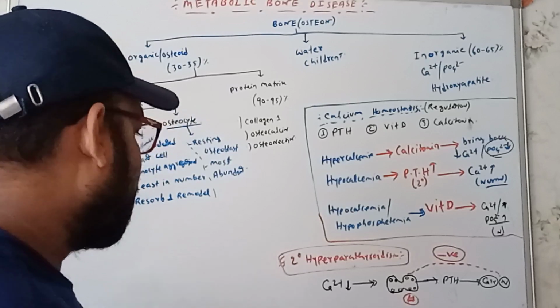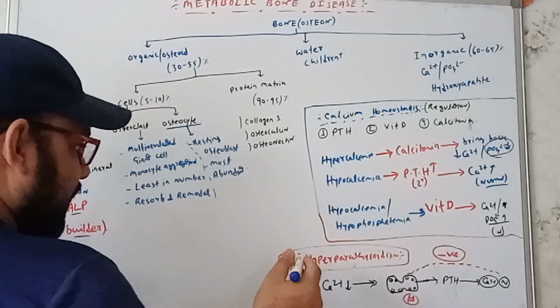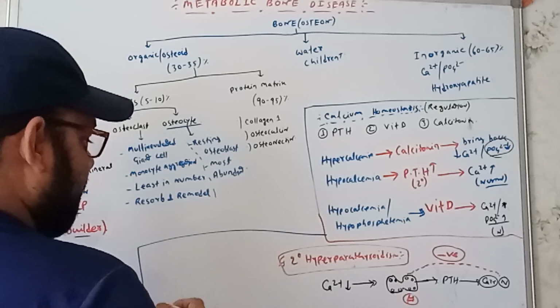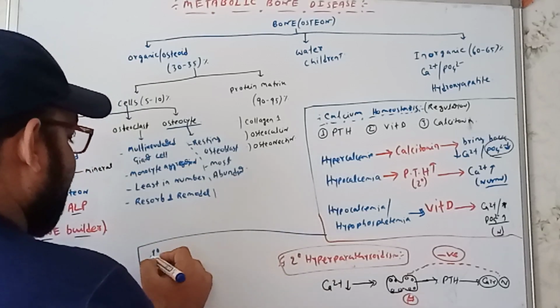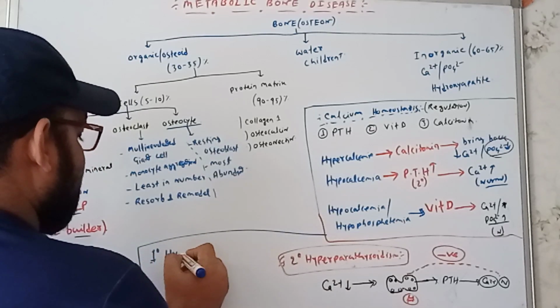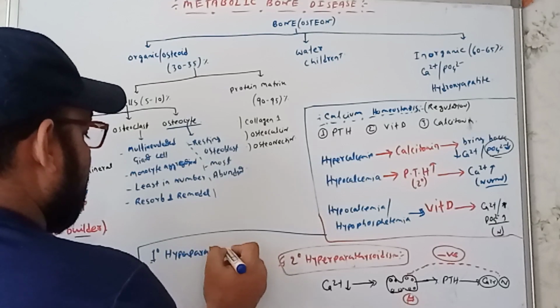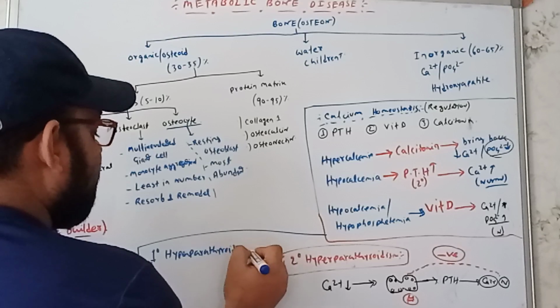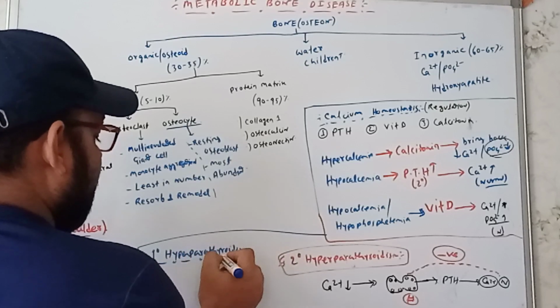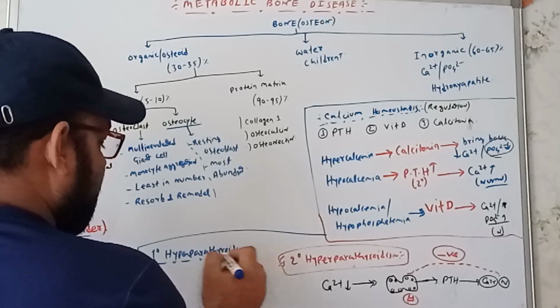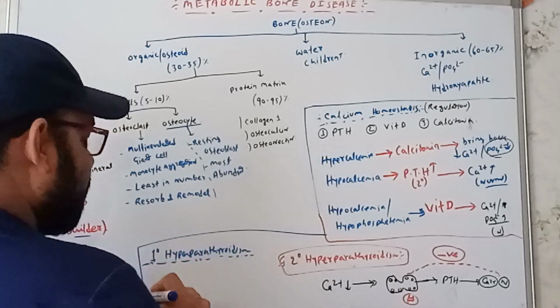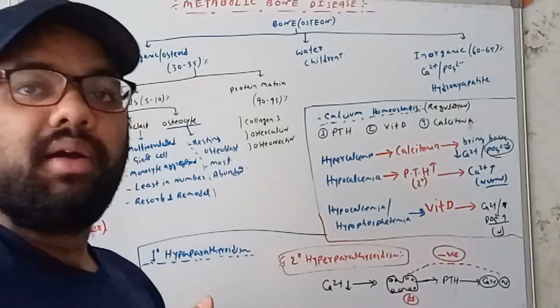Now, what about the primary one? If I say, what is the primary hyperparathyroidism? So in primary hyperparathyroidism, there is no problem outside of the parathyroid gland. The problem is within the parathyroid gland itself.